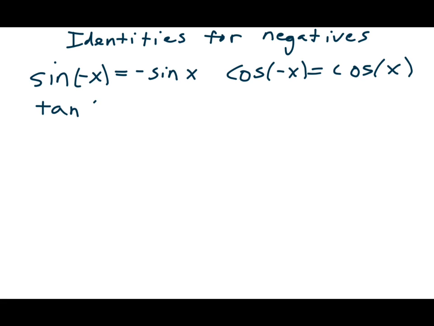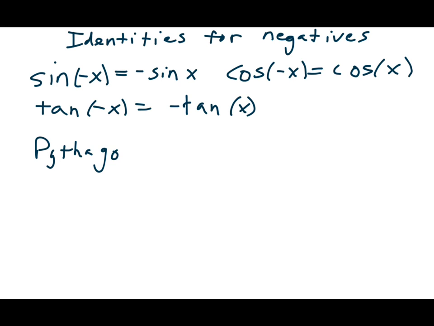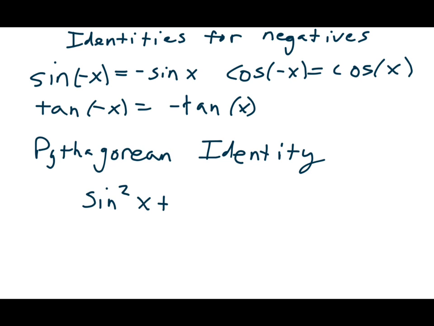And tangent of a negative x is equal to negative tangent of x. And the last one we call the Pythagorean identity, because I used the Pythagorean theorem to develop it. It is sine squared x plus cosine squared x equals 1. Okay, that's true for every case.